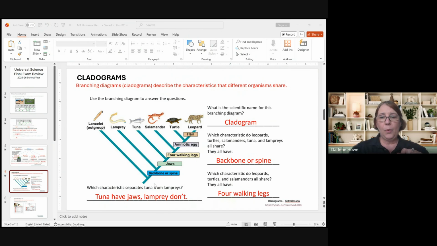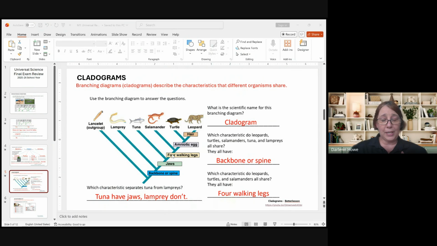Okay. What characteristic do leopards, turtles, and salamanders all share? Same sort of thing. So you go to salamander, and they all share 4 walking legs. I don't know how tuna have walking legs, but oh, sorry, tuna's not on there. I'm looking at the wrong question. Okay, so you go to salamander, and right behind salamander, 4 walking legs.